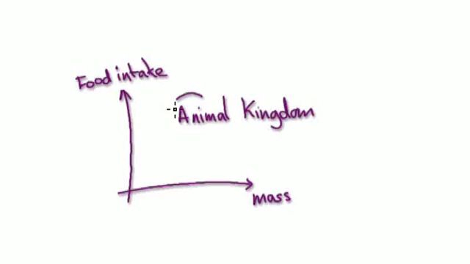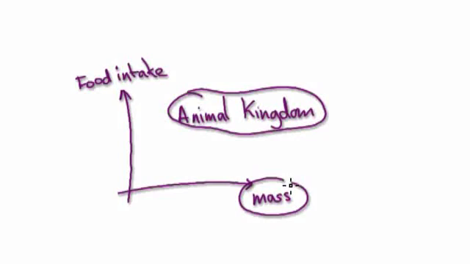So, for example, if you look at the animal kingdom, the mass of the animal, mass is like the heaviness of an animal. Say if you have an elephant here and a blue whale over here. As you move to the right, the mass gets bigger and bigger.